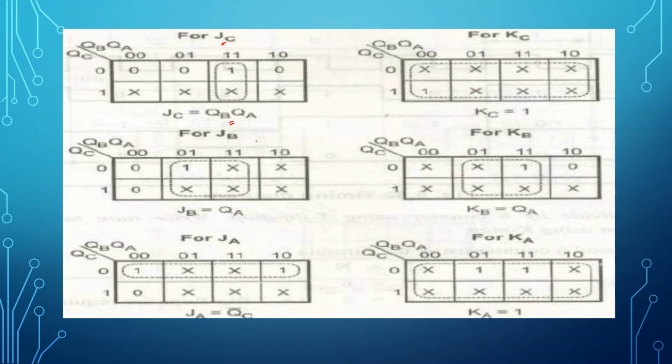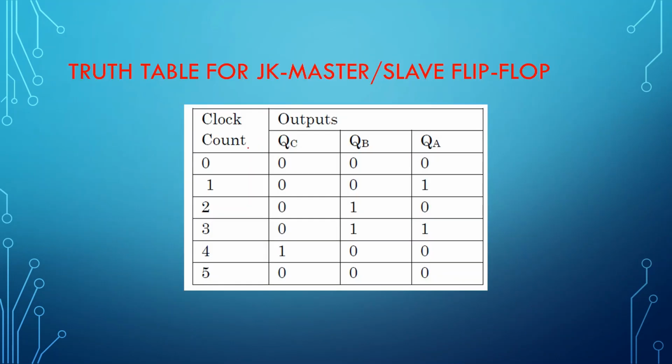Now going to the design part, this is the truth table you need to verify. You are giving the clock input of 0 and your counter should be counting the first count. This is your first count. You give the next clock input, and it will count the next count. You give the next clock input, and it counts the third. Similarly, fourth. Similarly 1, 2, 3, 4, 5, and this will be the repeated one, I mean the first count itself.